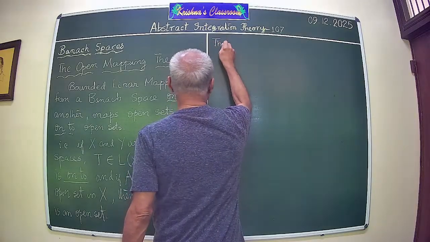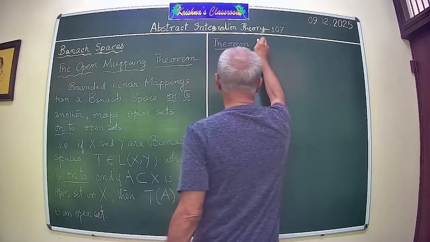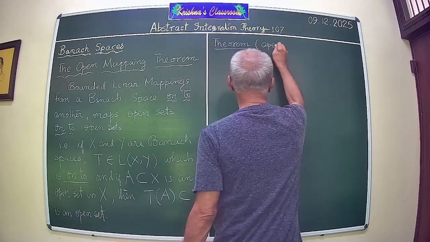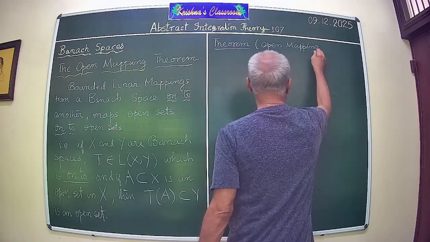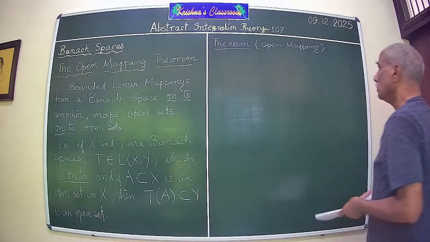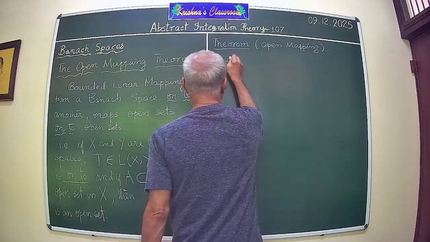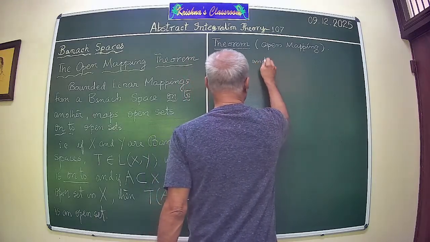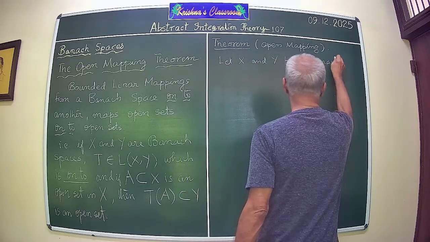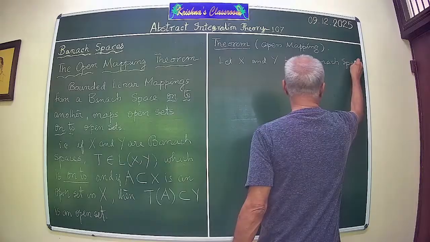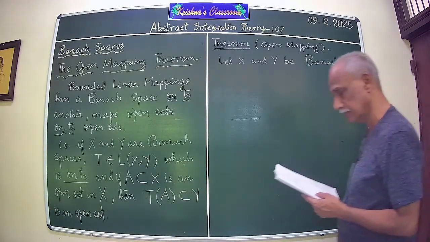The version that we are going to prove: let X and Y be Banach spaces. Needless to say, they are Banach spaces over the same field.